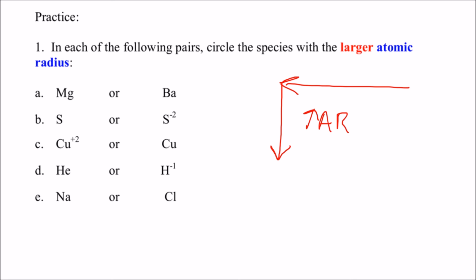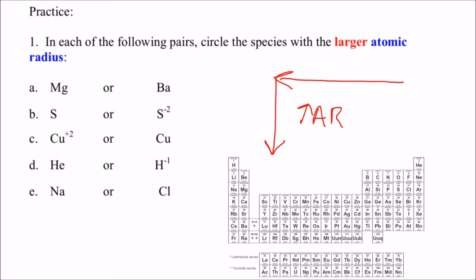So between magnesium and barium, we want to apply this trend. Alright, so here's magnesium and here is barium. It looks like they're both in the same column, so all we're going to have to worry about is the up and down.